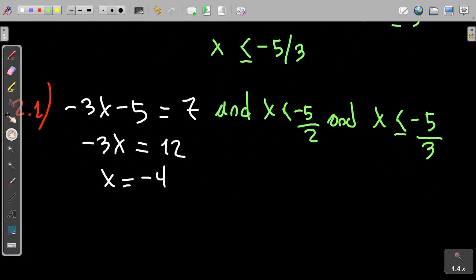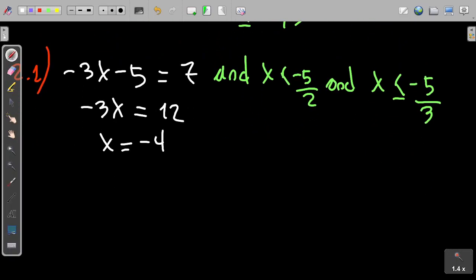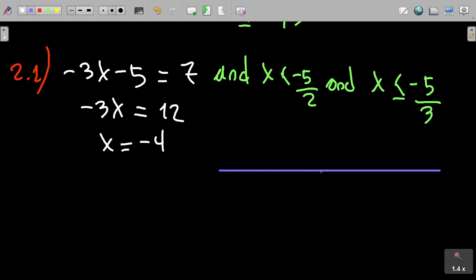Now we need to draw a line and understand if the condition makes sense. So we have minus 5 over 2, which is negative 2.5, and 5 over 3 is 1.6, negative.